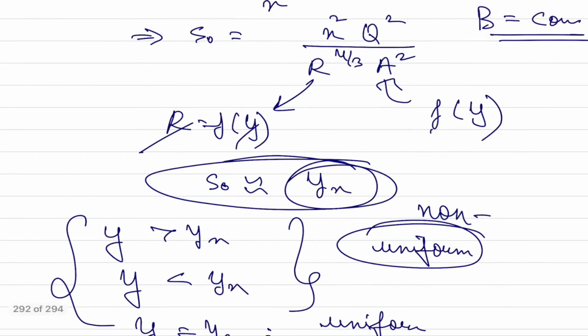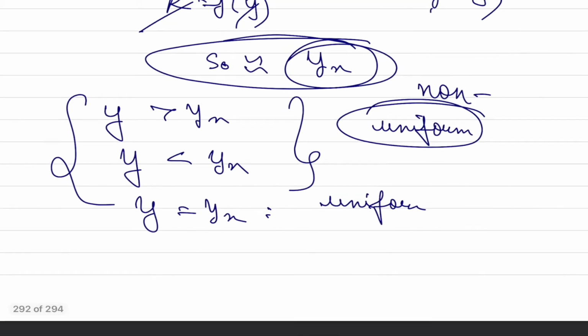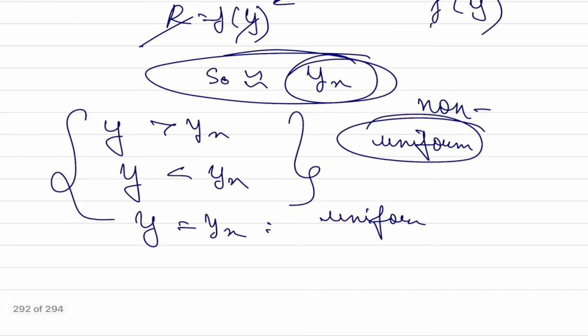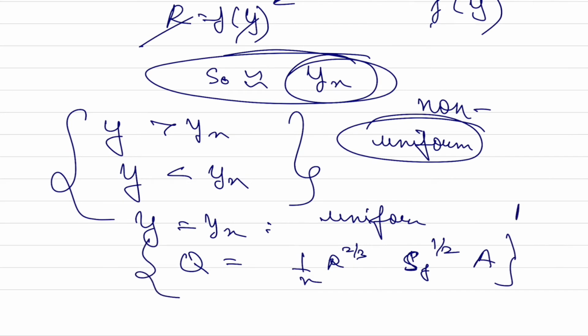We do not know whether, in case of non-uniform flow, Manning's equation would be applicable as it is, but we know that we can make an approximation that instead of S naught, we can use the slope of the energy grade line and say that Q is equal to 1 by n, R to the power 2 by 3, square root of SF, into A. And we say that this is an approximate equation that we can use for non-uniform flow, where instead of channel slope, we are using the slope of the energy grade line.